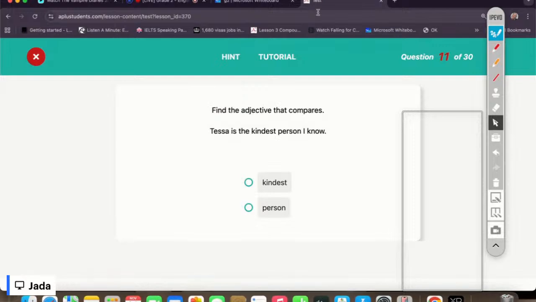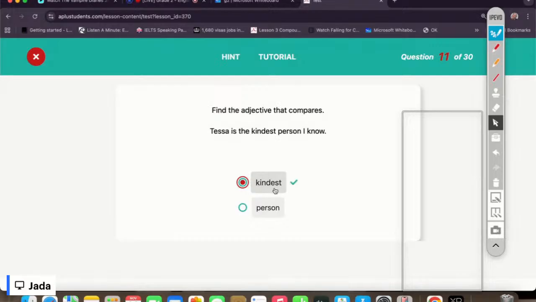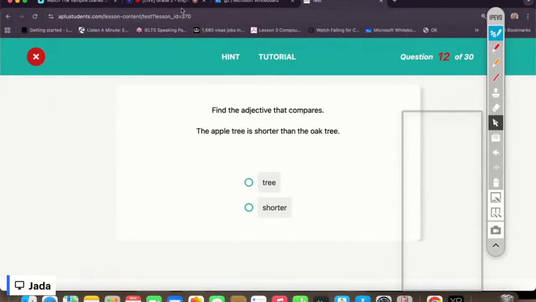Alright, so we have kindest. Then the apple tree is shorter than the oak tree.